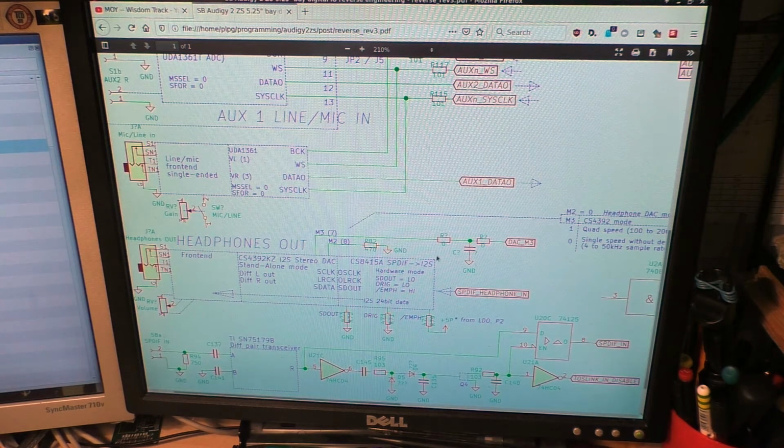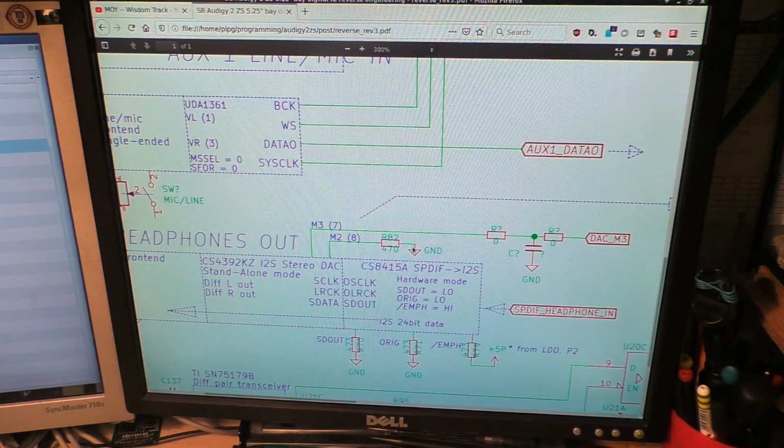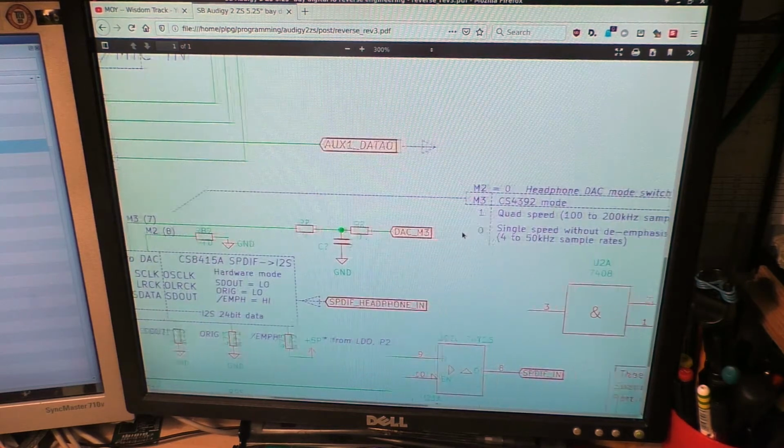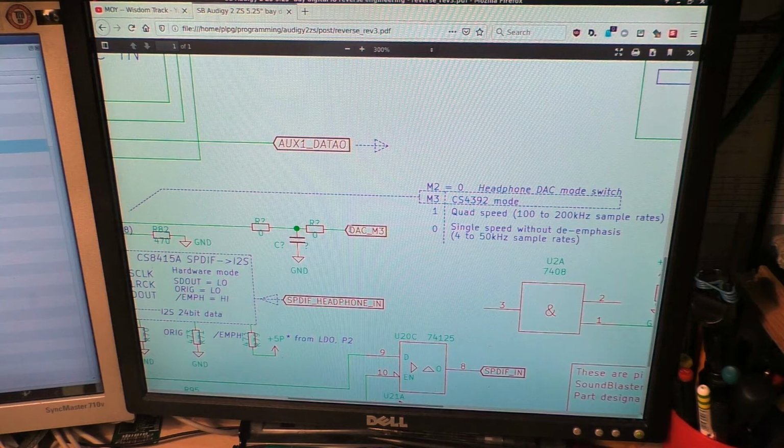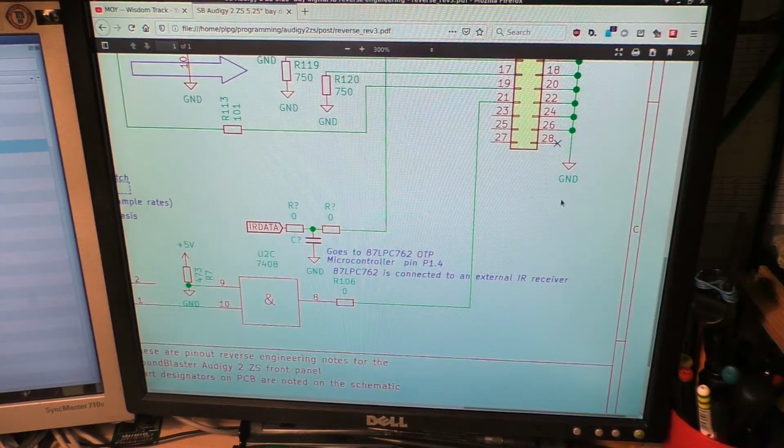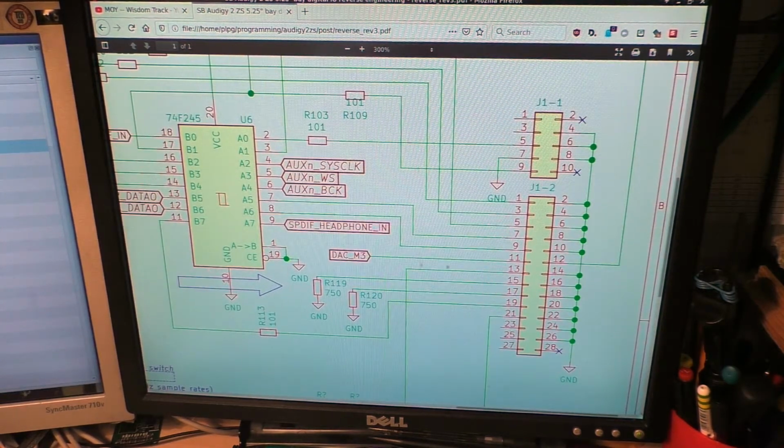There are two more things on the DAC. So we've got the mode pins, because this CS4392KZ DAC has a couple of switchable modes. You can see that mode pin number 2 is pulled down to ground through R82, but the M3 pin is actually connected freely, to a pin labeled on the schematic DAC M3, on the pin header, pin number 11 here.